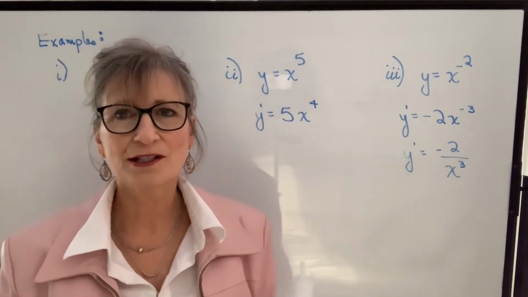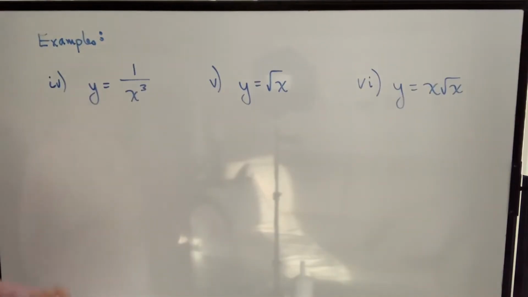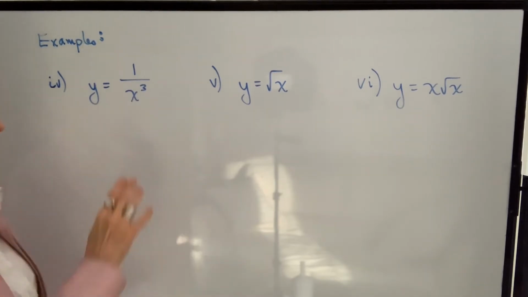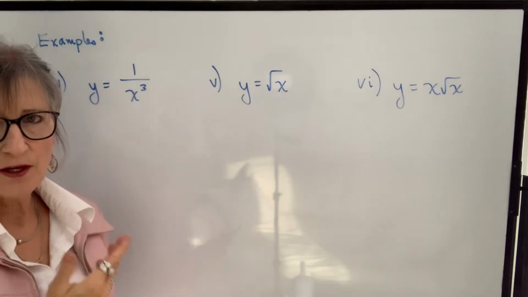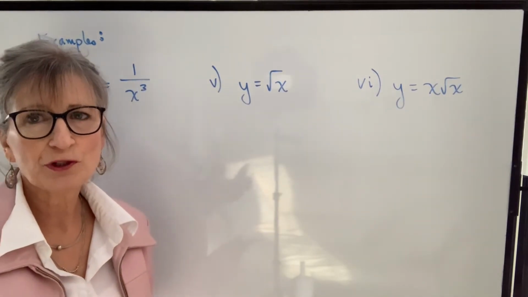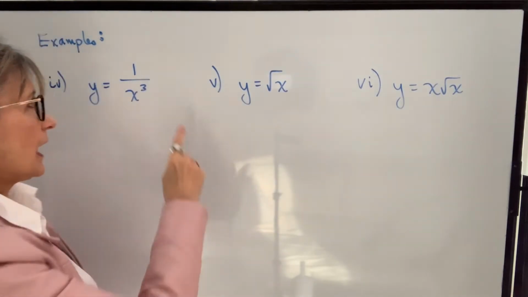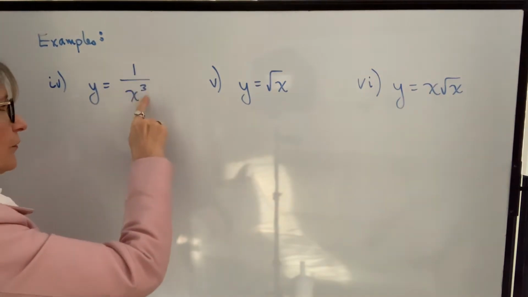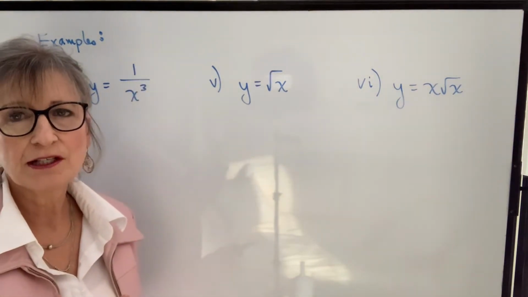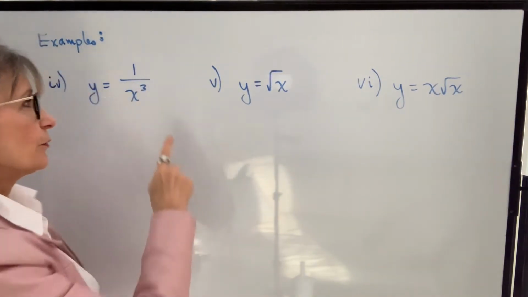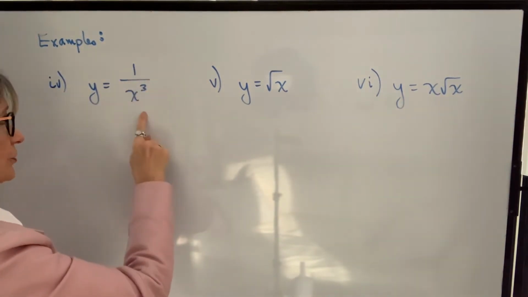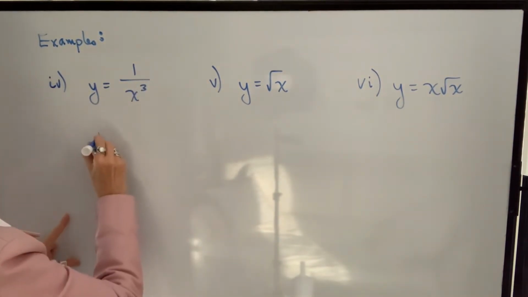Let's take a look at a few more examples. So my next example is 1 over x cubed. We can't differentiate it in that form unless we were to use the quotient rule, which I haven't talked about yet. I only know how to differentiate a function that's x to the n. So we need to write this whole function as x to the n.